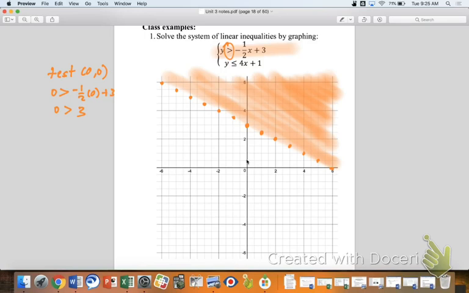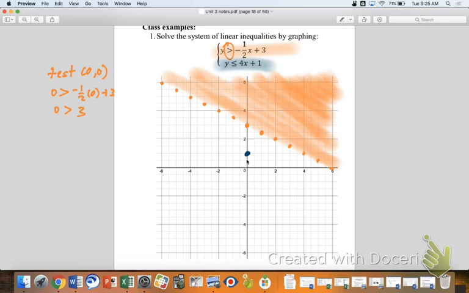And this is what we did a lot of, 3-4 weeks ago. It's been a little while, but we've done a lot of that. How is this one different? Well, of course, it's a system, and so there's more than one. And so I'm going to make my other line a blue line. So on the blue line, what is my y-intercept? 0, 1, which would be right about there.